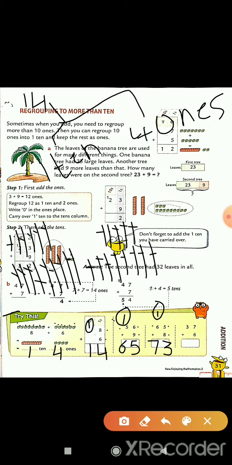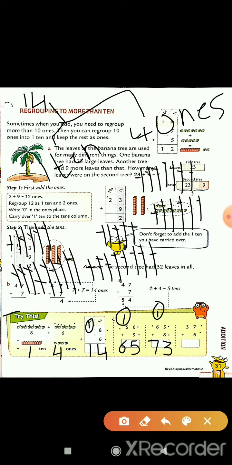Next, 37 plus 6. At the ones place, 7 and 6 are there. Count them together. 1, 2, 3, 4, 5, 6, 7, 8, 9, 10, 11, 12, 13.